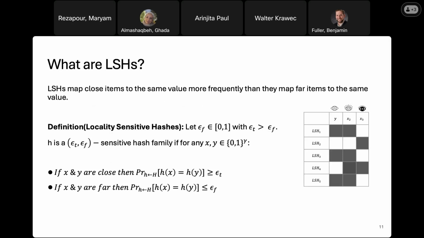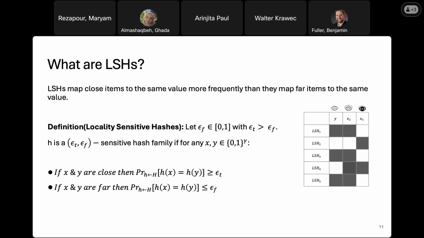The next primitive that we are going to use is locality sensitive hashes. LSHs are a family of hash functions that map close items to the same value more frequently than they map far items to the same value.